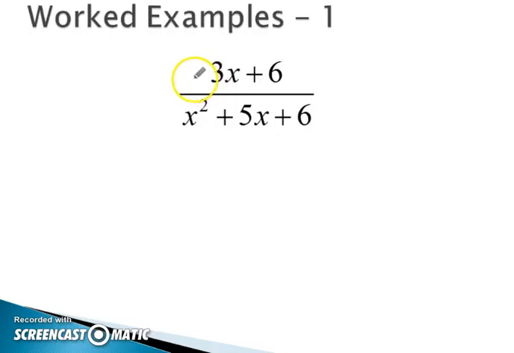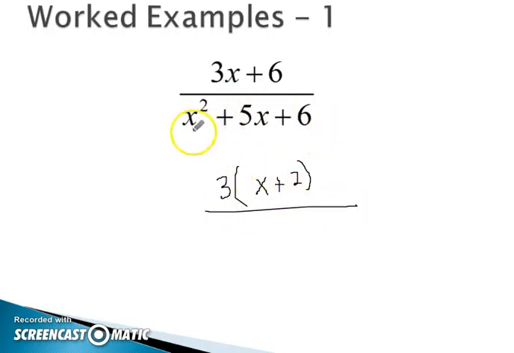Another example. So again, think of factoring out greatest common factor, look for difference of squares pattern, or factoring trinomials. So in my numerator, I have a 3x and a 6. Both terms share a 3. So if I divide out a 3, I'd be left with x plus 2 in my numerator.